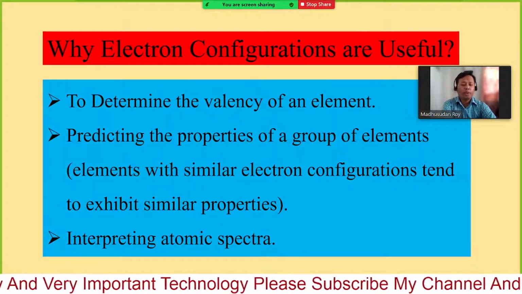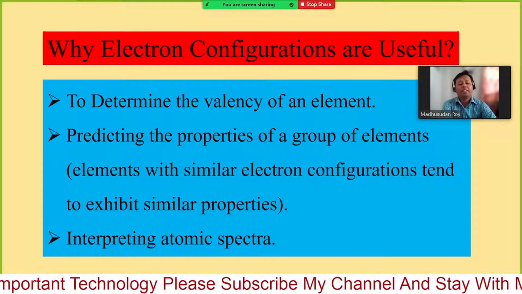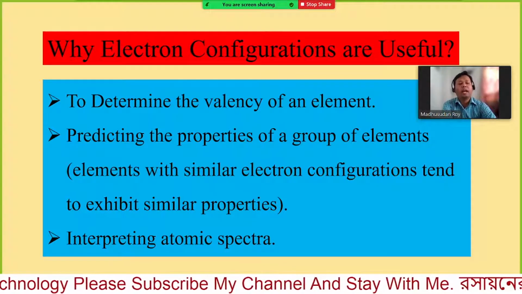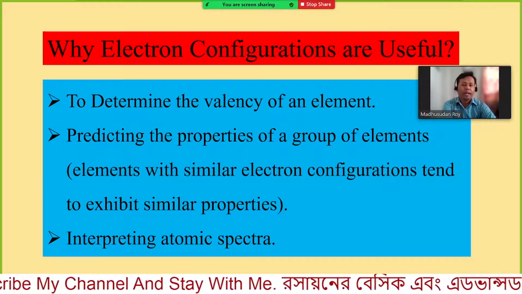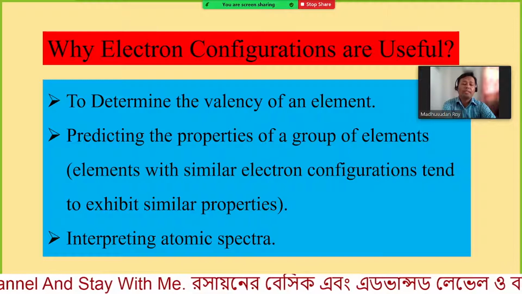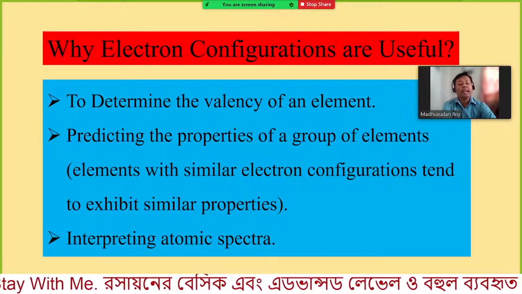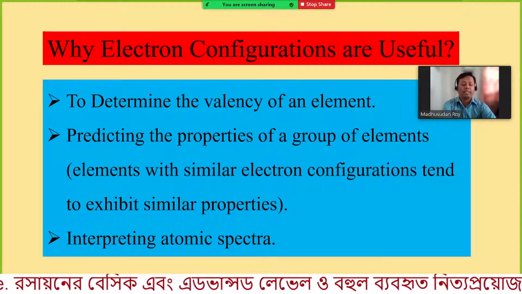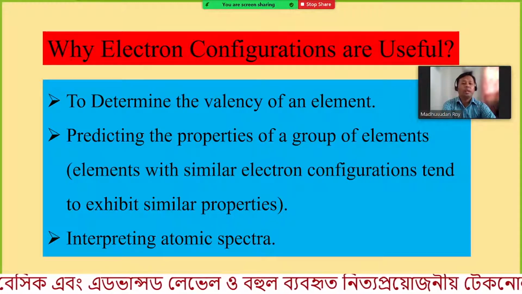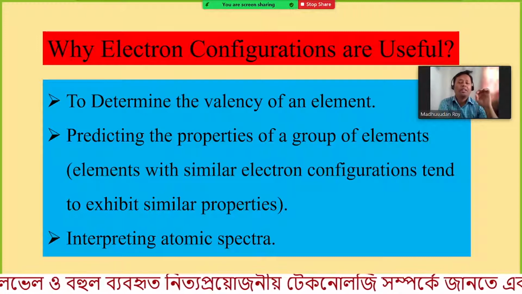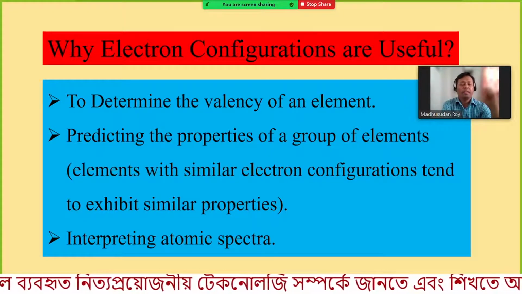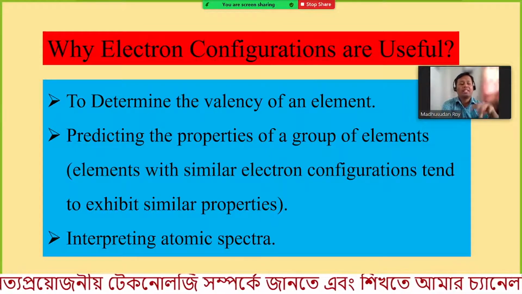If you remove the energy, then the electron that jumped to the upper level will come back to its original position. And how does it come back? By releasing that absorbed energy. In that case, it will generate some spectra or lines. What kind of line depends on how much energy is released.